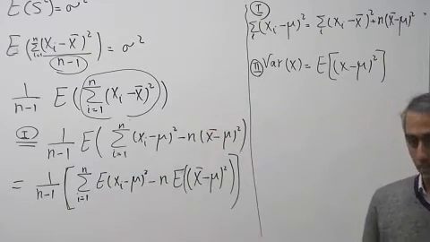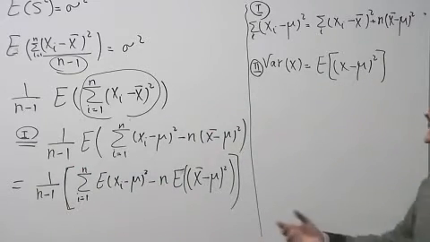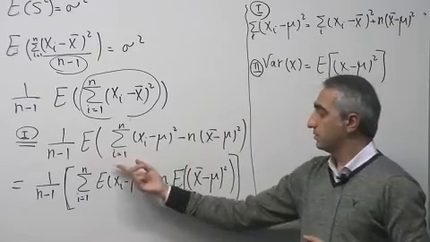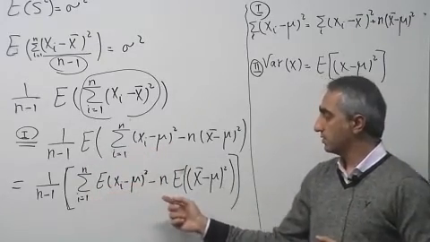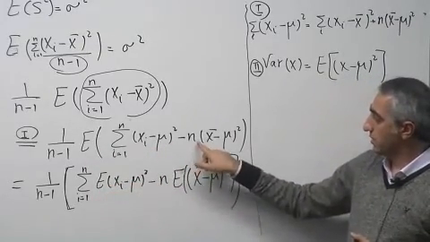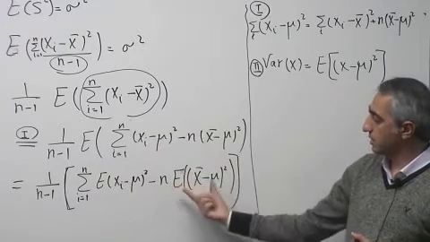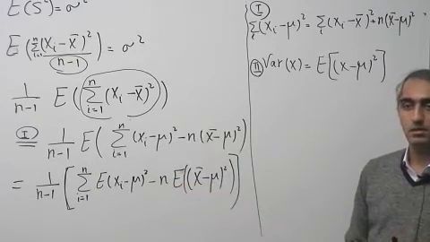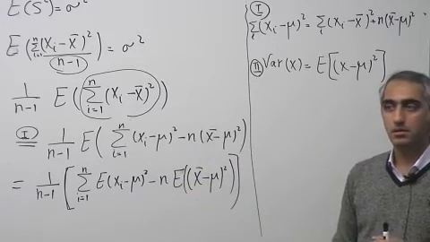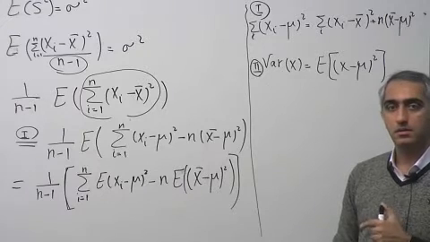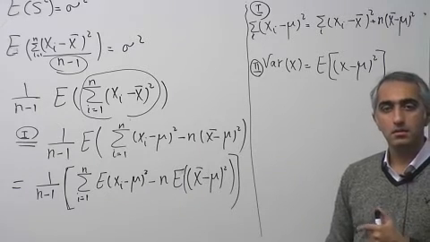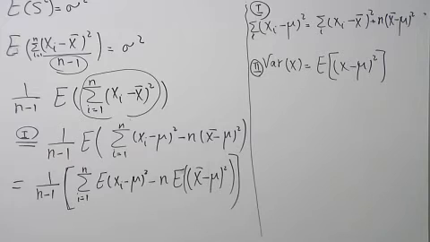Does it make sense? So that expected value is the summation of these expected values. And then for this guy, n is constant, so it's going to be n times the expected value of this guy. Is it clear? Any questions?